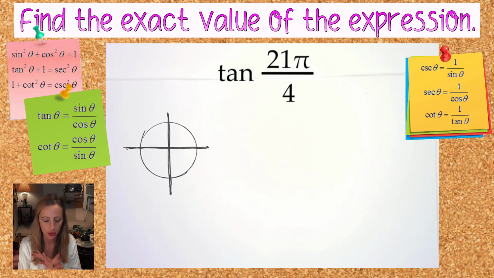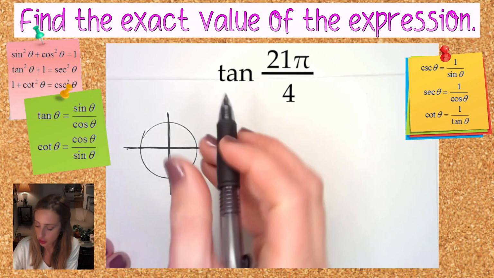Search on my channel for unit circle and put them in double speed if you don't have the time. You have to know how it's made so that you can count out around it, and you have to understand the significance of the ordered pairs and where they come from using special right triangles. So I hope you take the time to make sure you know that before you try to wrap your head around anything at this level.